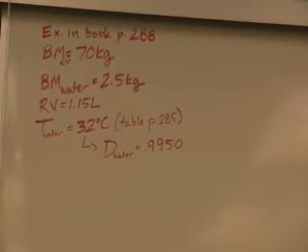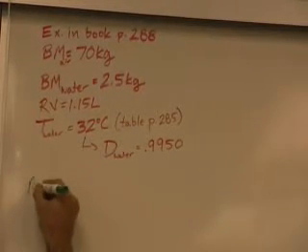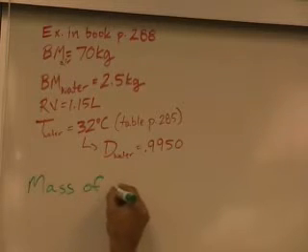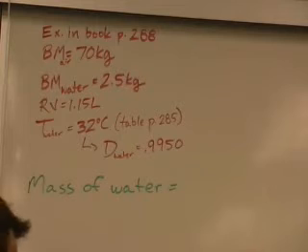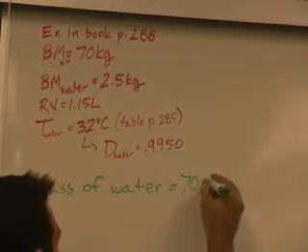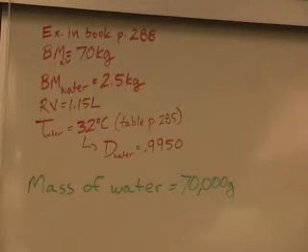We'll start out by calculating the mass of the water displaced. That would be body mass in air, and we want to convert kilograms to grams, so just multiply by 1,000.